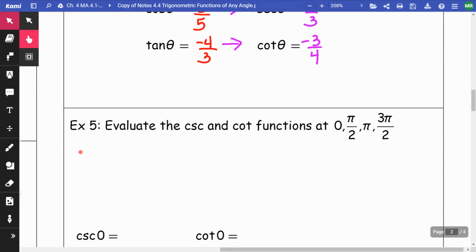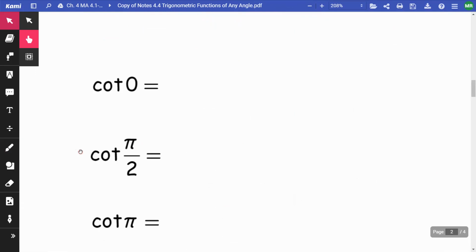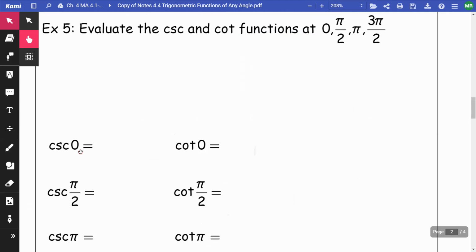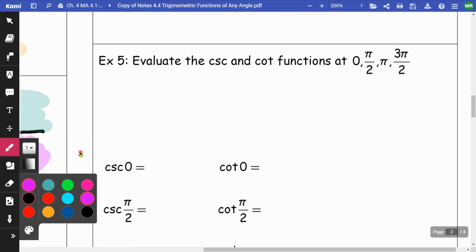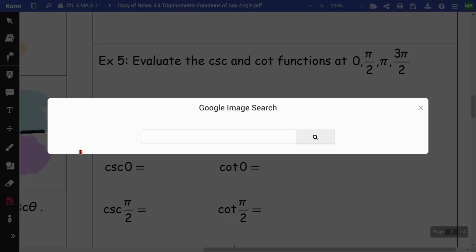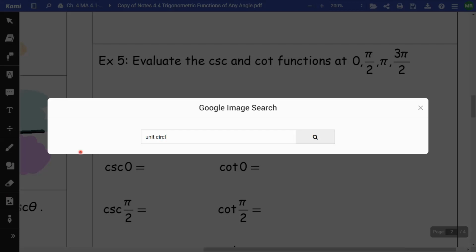Now, in this next section, we're going to be dealing with particular angles, okay? And I'm going to be drawing a unit circle for this. So let me get, again, my unit circle length.